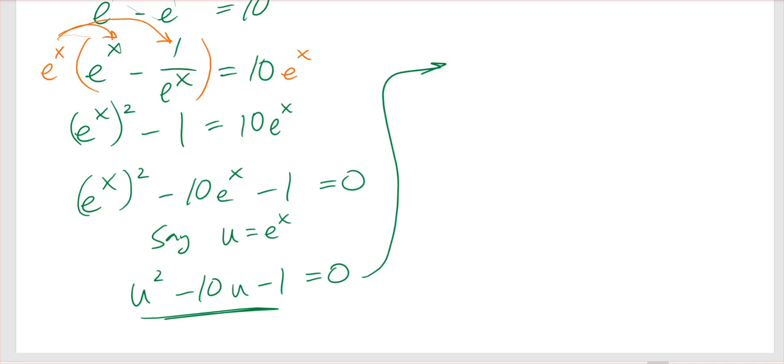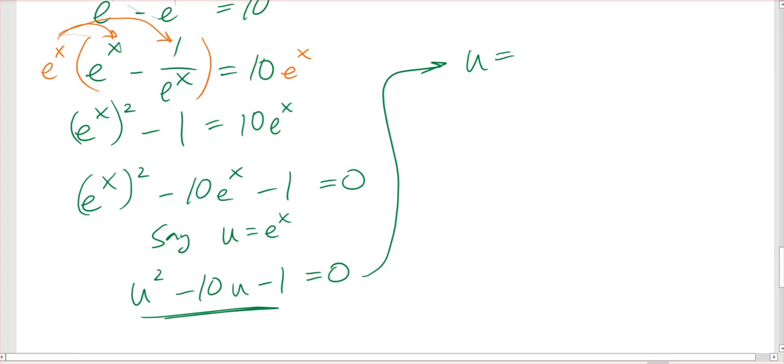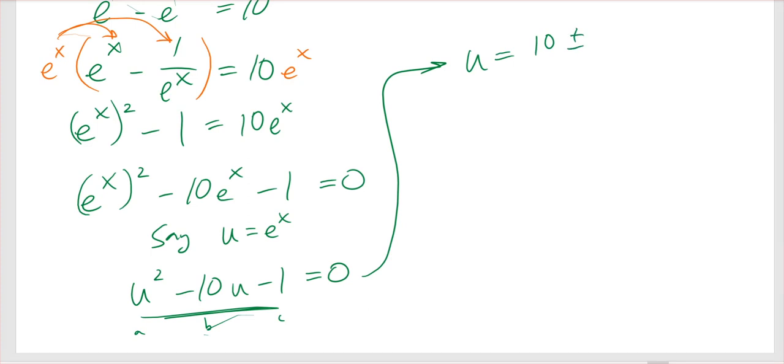We've got a, b, c. So u has to be negative b, which is 10, plus or minus the square root of b squared, so that's 100, minus 4 times a times c, over 2 times a.